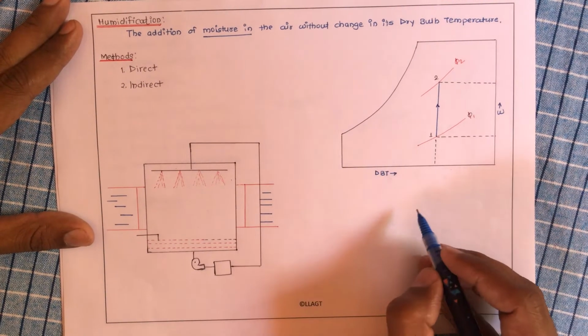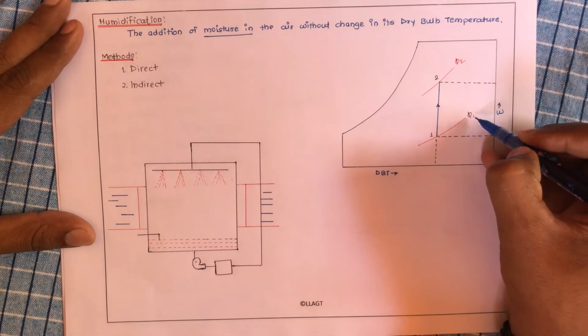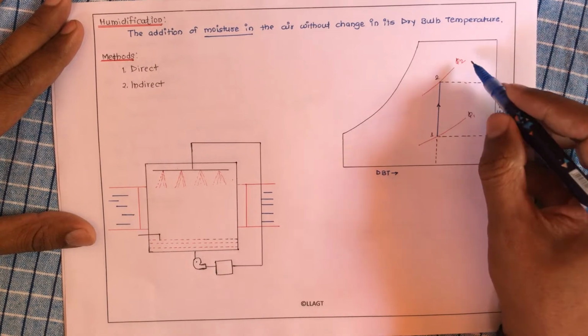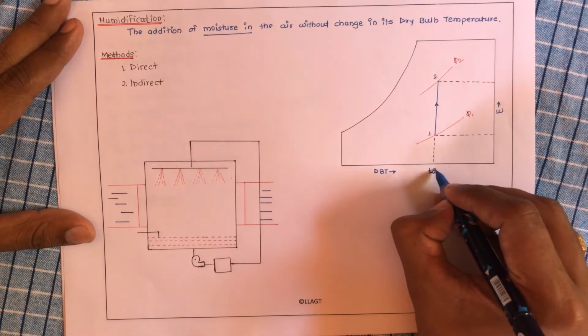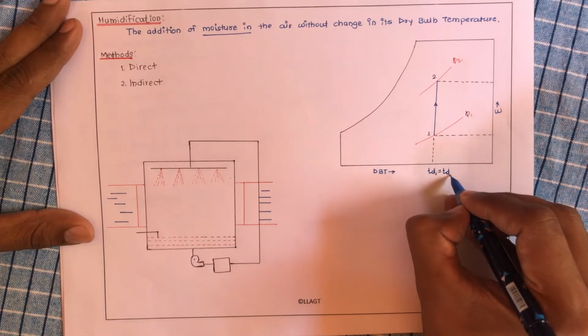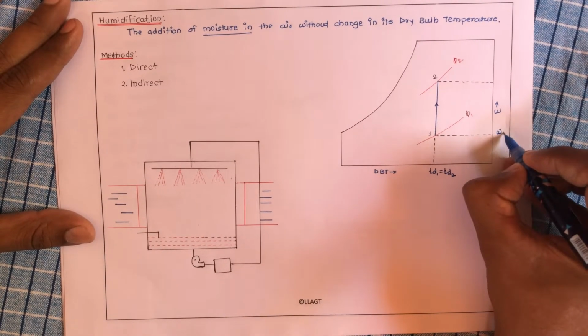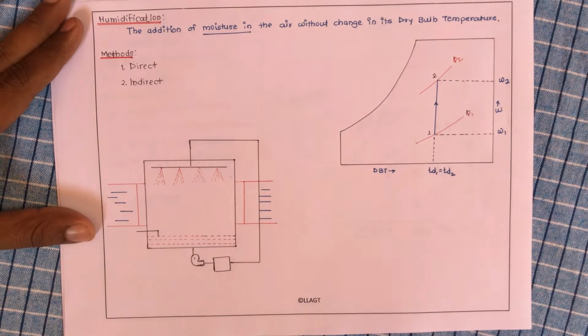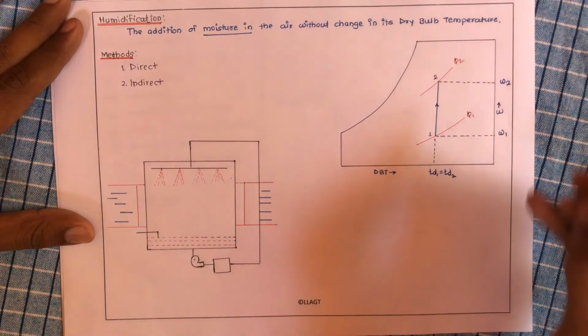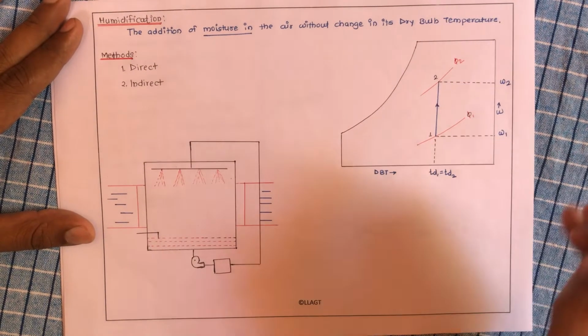And as a result of addition of moisture, the relative humidity changes from phi1 towards phi2. Here TD1 is equal to TD2. Here W1, W2 or omega 1, omega 2 is the humidity, specific humidity or humidity ratio.